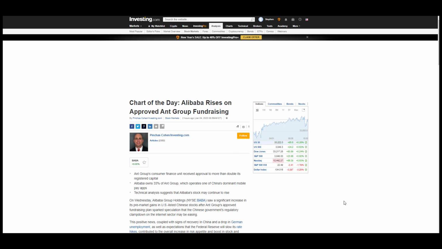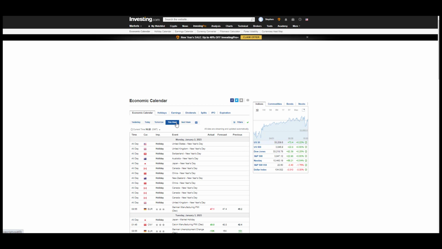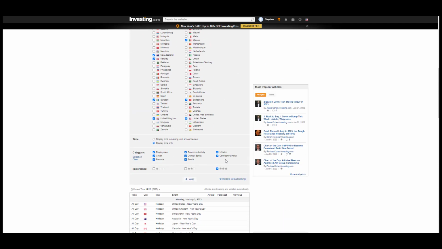Now we can start here in, say, any typical website that offers you your schedule of these news events, because we're going to pick on these to watch our charts on. Now this is investing.com. It's a free to use service, and if you went across to the news tab and went to the economic calendar, for example, and you hit this week, I've highlighted by filtering all the major key events for the countries that I'm looking at.